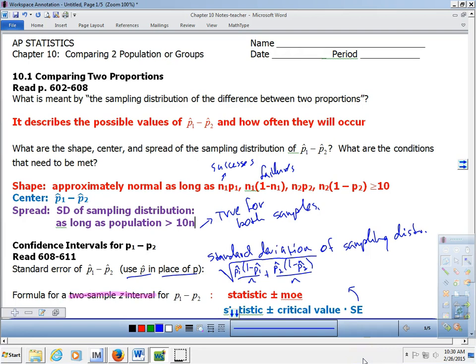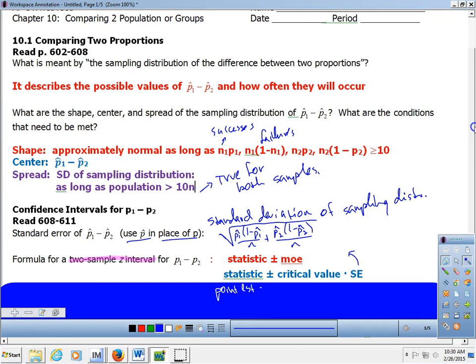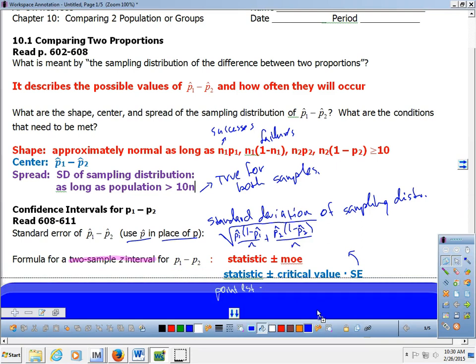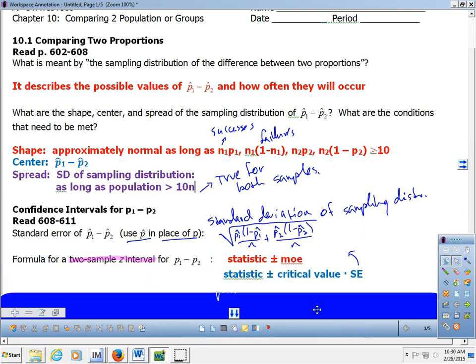So that becomes the standard error for your confidence interval. And again, just call it standard error because we're using our sample value, p hat, instead of the population p, because we don't know what p is. All right, so we're starting to develop the formula for this a little bit.